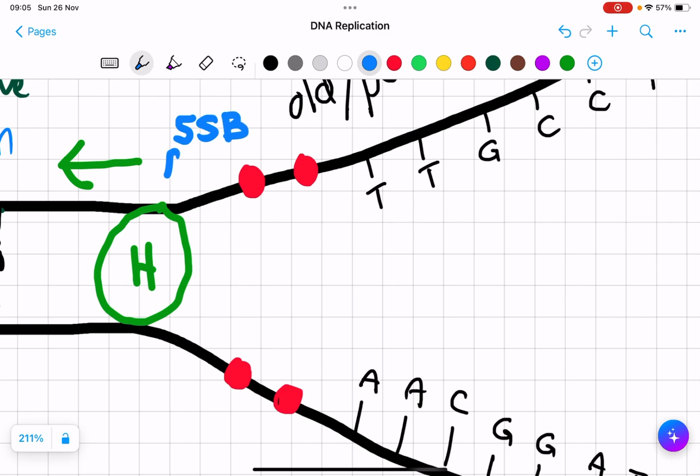Okay, SSB protein. SSB atau single strand binding protein yang warna merah tu, dia akan bind. So make sure tempat dia bind tu tempat yang sudah separate, yang sudah unwind. Dia tak akan bind dekat tempat topoisomerase. Topoisomerase tak akan bind dekat tempat SSBP. So you have to be clear where the enzyme, where the protein located and what they do.